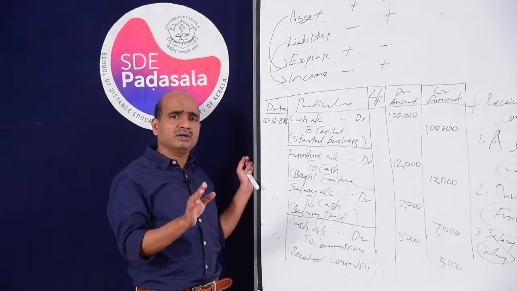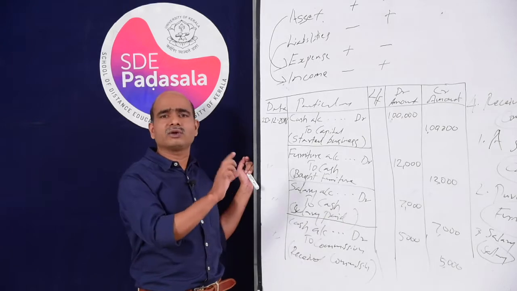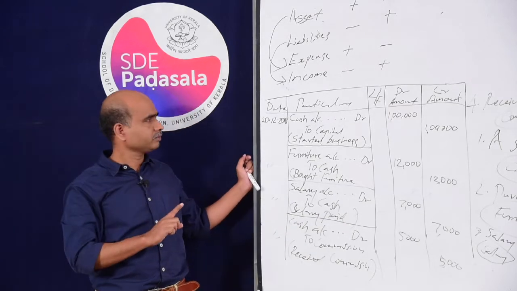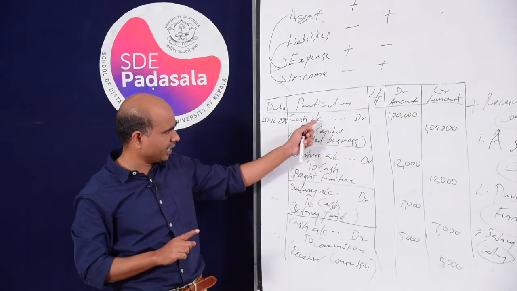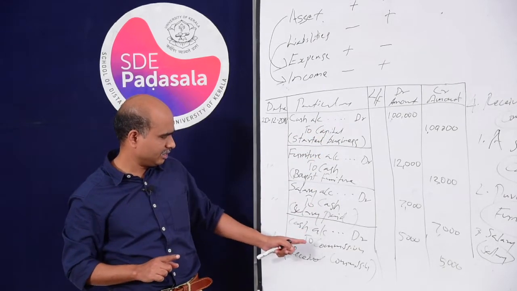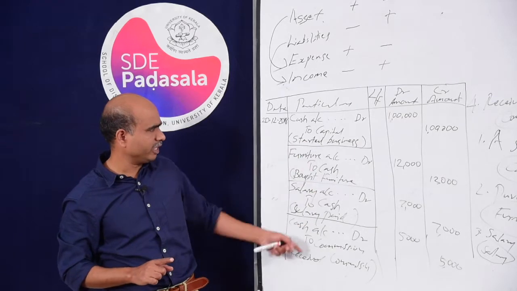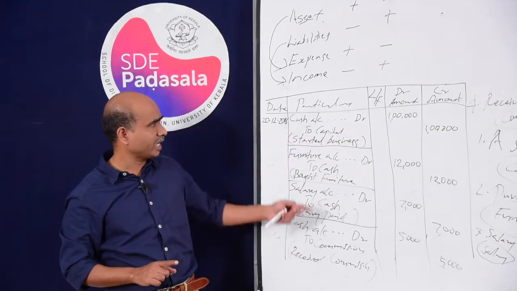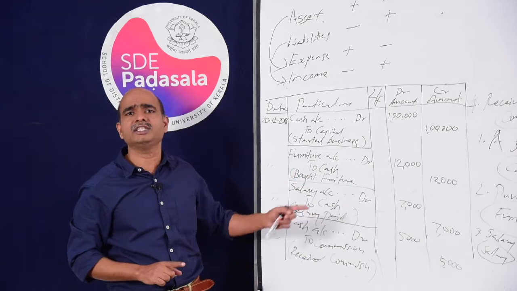It means the same kind of transaction is recorded in a single book. So here there are cash, capital, furniture, salary, commission. There are 4 or 5 items, and each of these items has a separate ledger account.